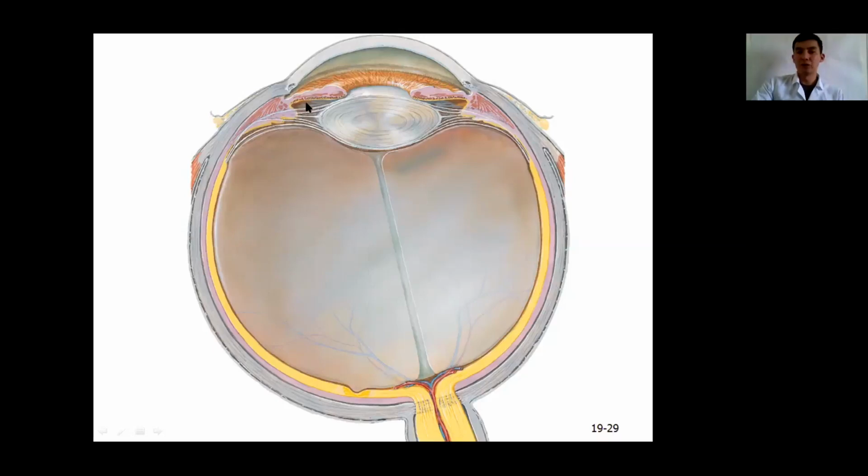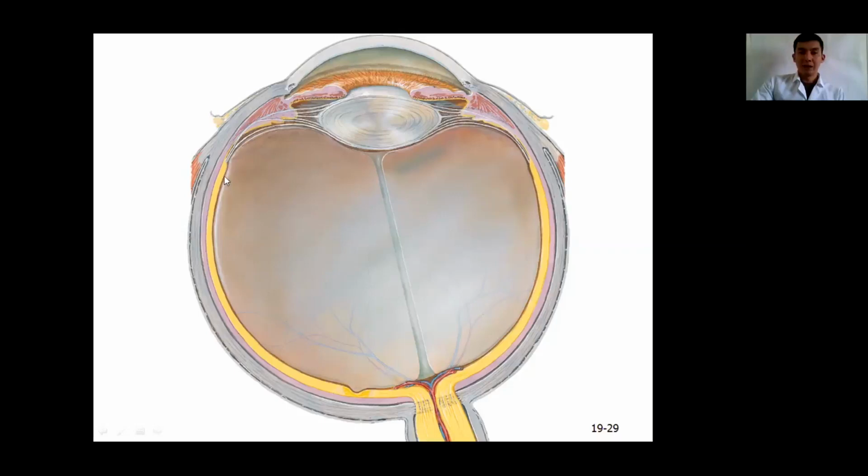This produced aqueous humor is transmitted into the anterior chamber of the eye, and in this region is absorbed into the canal called the canal of Schlemm. The function of the aqueous humor is providing nourishment to the lens and cornea, because as you remember, they are avascular structures, and also eliminating products of metabolism from the cornea and lens.